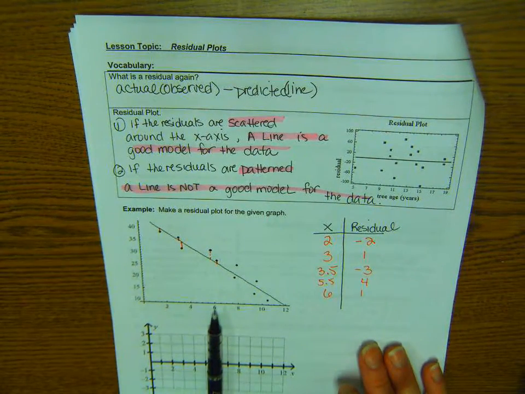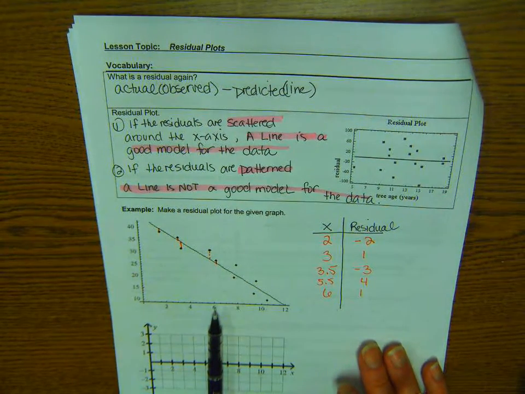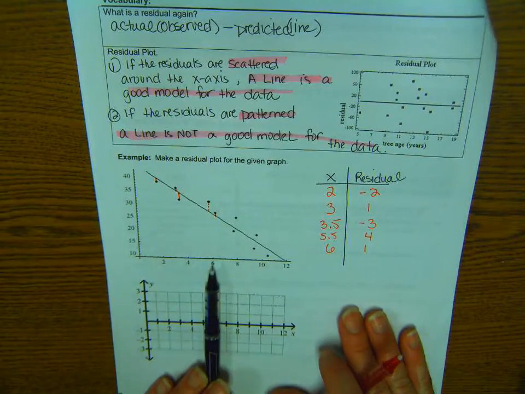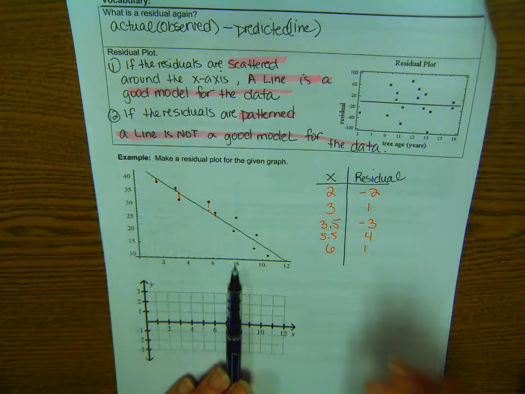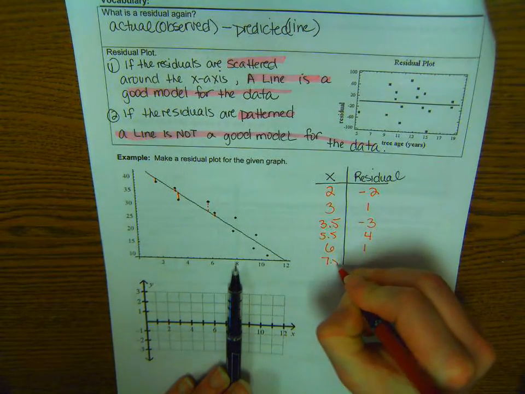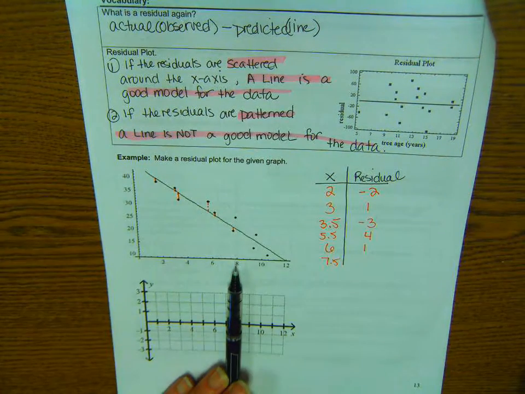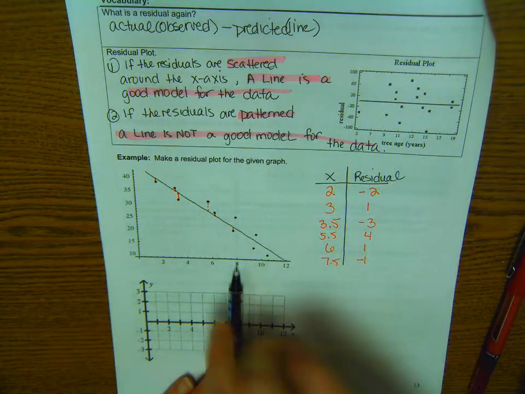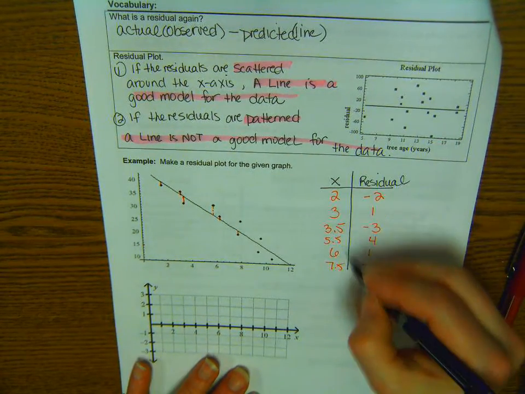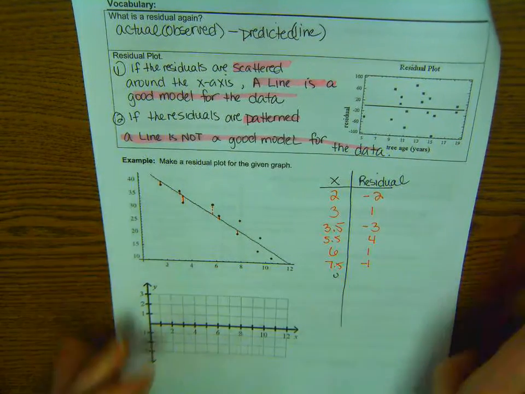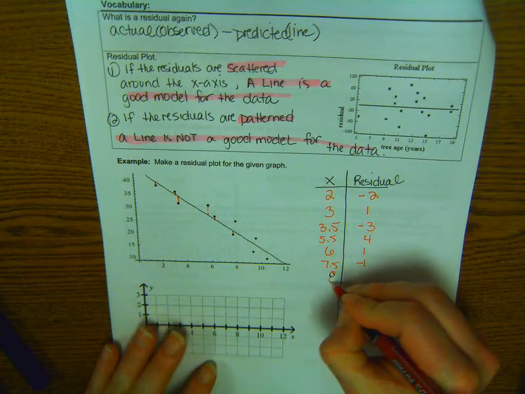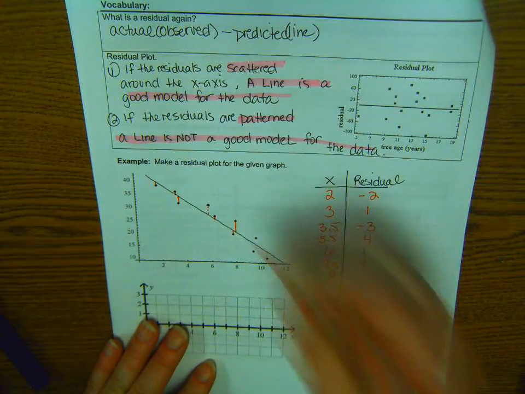This is why it's not as accurate as if you had an exact equation, but we can figure it out. Alright, this looks to me again like 7.5, and it's below the line. You want to call that -1? And I'm going to call that 0.8. And what do you want to call that for the residual?